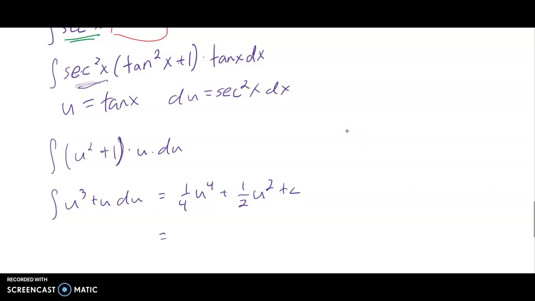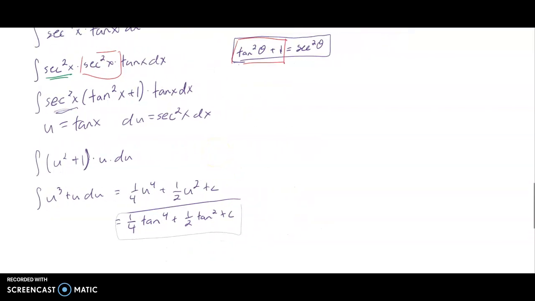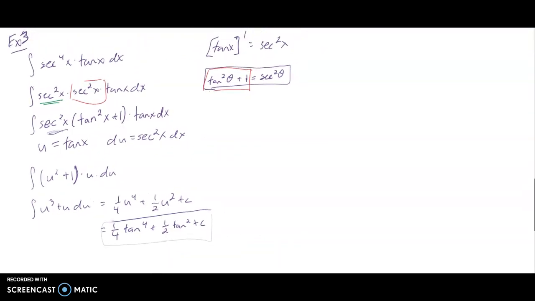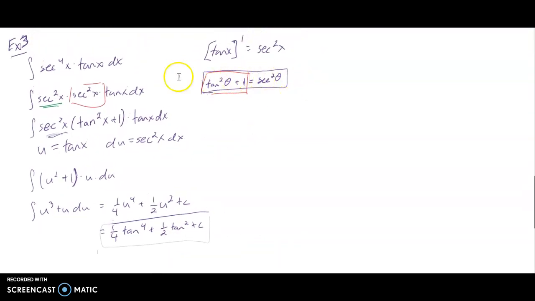We get 1/4 tan to the 4th plus 1/2 tan squared plus a constant. Bam. That's it.